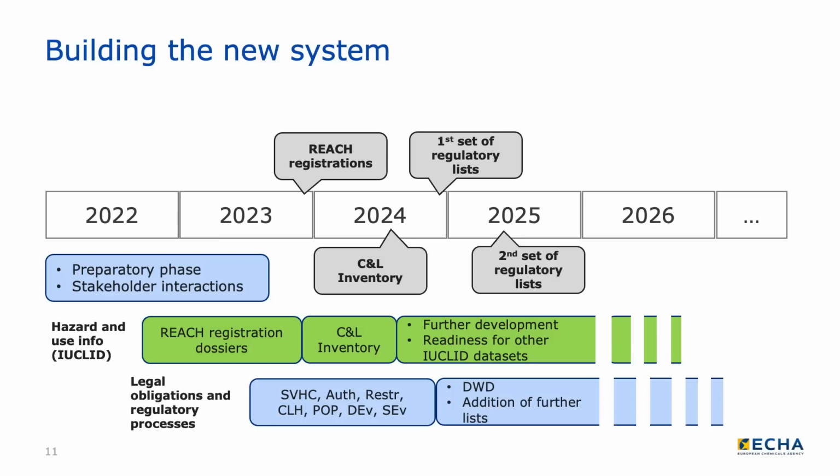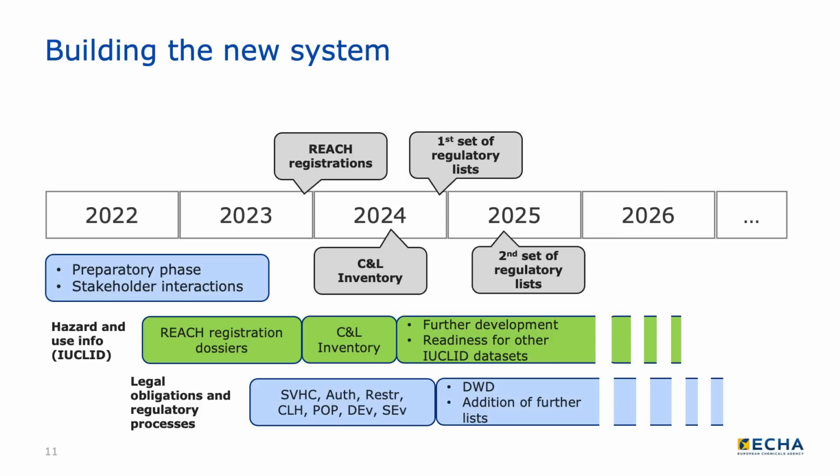In parallel to the Euclid data stream, we are also working on the information on legal obligations and regulatory activities ECHA and the authorities are carrying out. In the end of 2024, we will have the first set of regulatory lists in the new system.